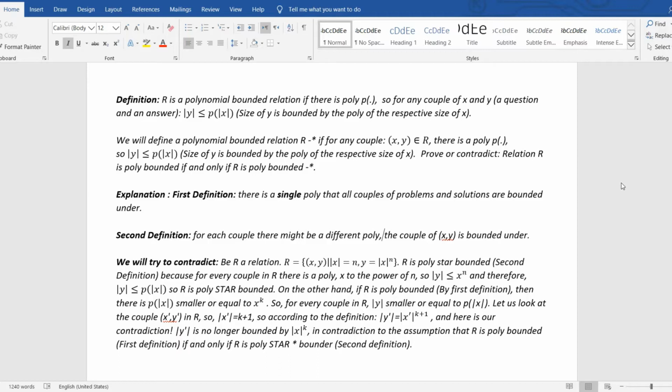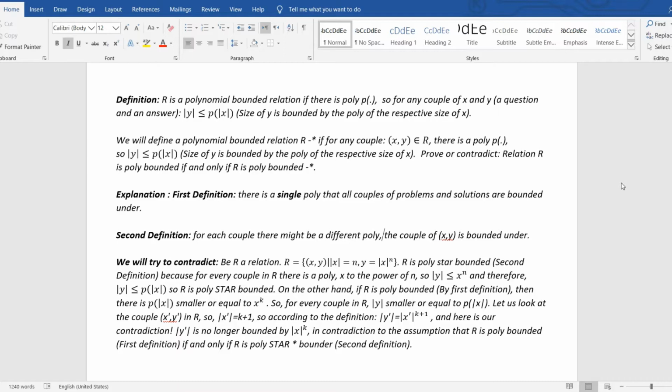We will try to contradict. Let R be a relation. R equals the couples x and y where the size of x equals n, and the size of y equals the size of x to the power of n.